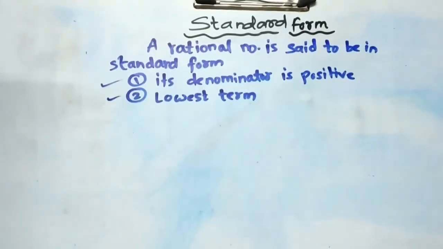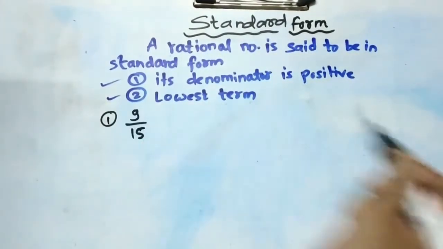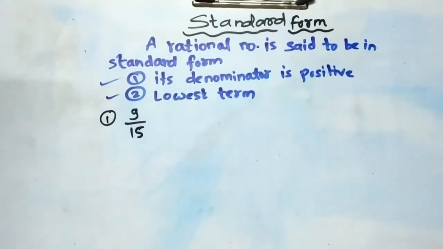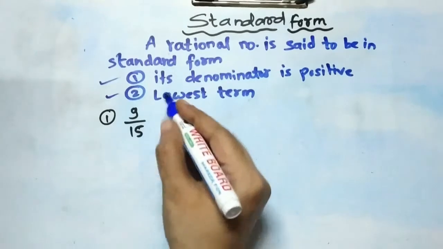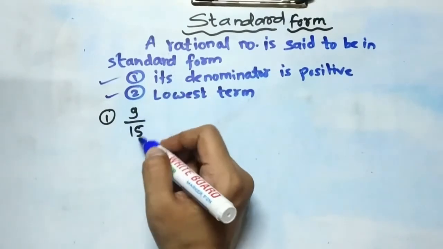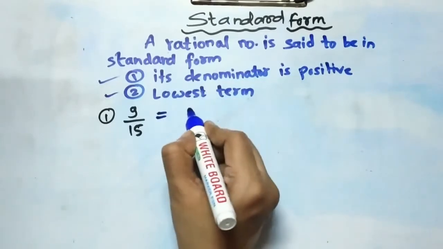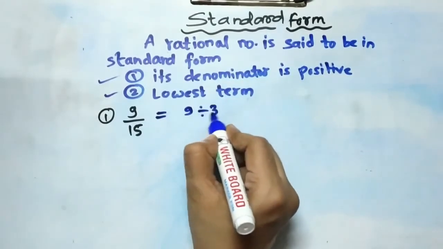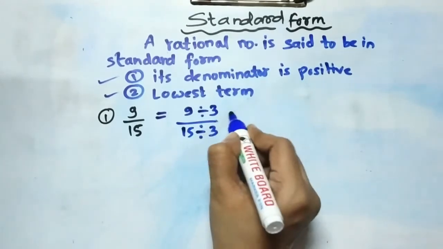For example, we are having the first problem, that is 9 by 15. Friends, this 9 by 15 we want to write in the standard form. So first we'll check it. Is the denominator positive? Yes. But you can see 9 and 15 are not in the lowest term. So here I choose their HCF, that is 3, to divide the numerator and the denominator.